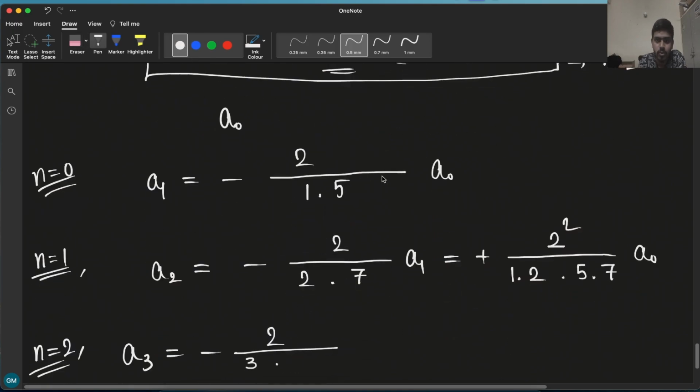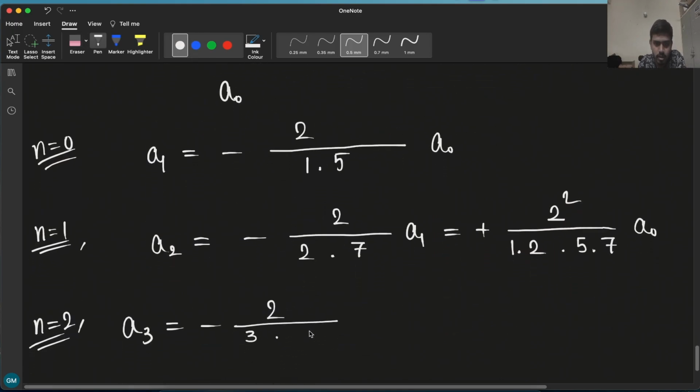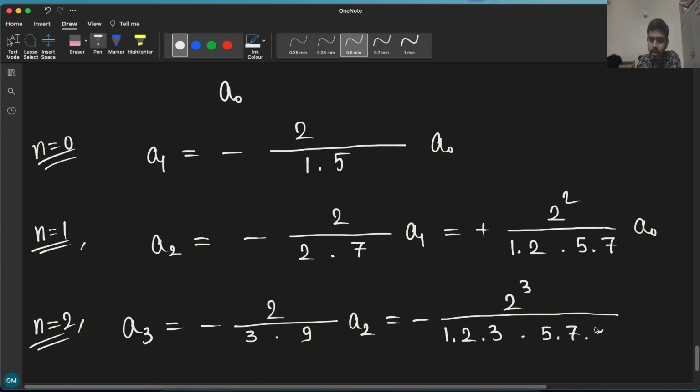So it is 3 times 9 a2. Now a2 we know, so it will be minus 2 cube divided by 1 times 2 times 3 times 5 times 7 times 9.